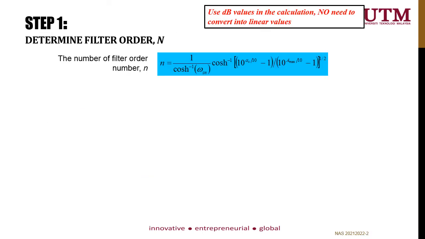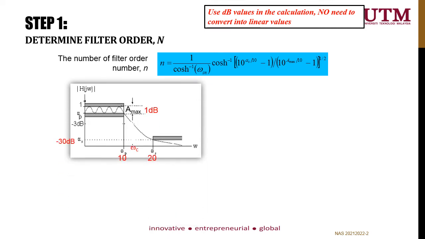The first step is to calculate the filter order number. This is Chebyshev, so make sure you refer to the correct appendix for the Chebyshev filter and write down the general equation first. Do not put any value straight away. Write down the general equation first, then put in the values in the second equation.